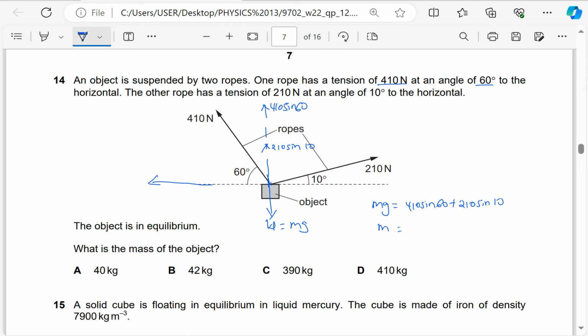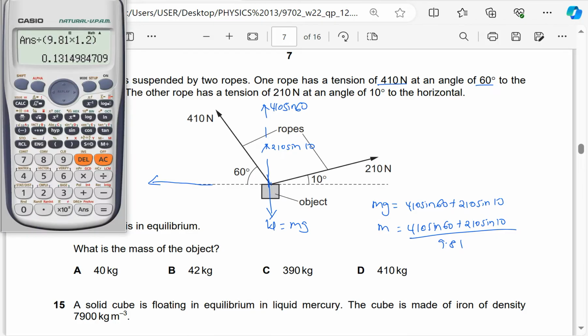So the mass is going to be 410 sine of 60 plus 210 sine of 10 divided by g, which is 9.81.